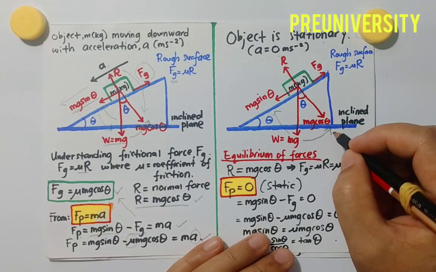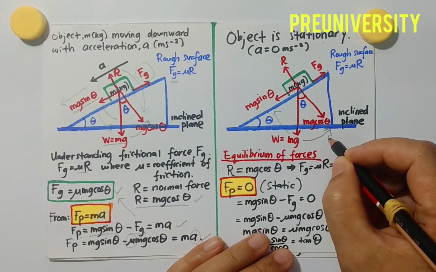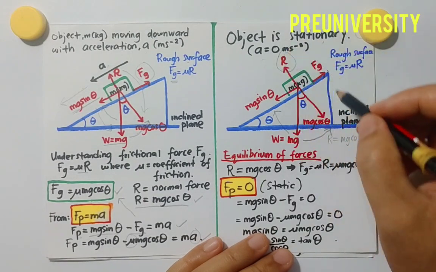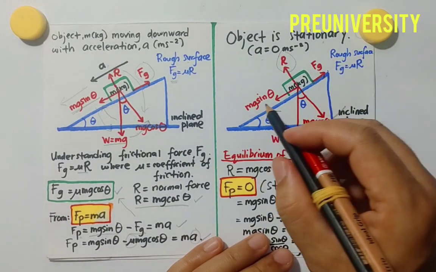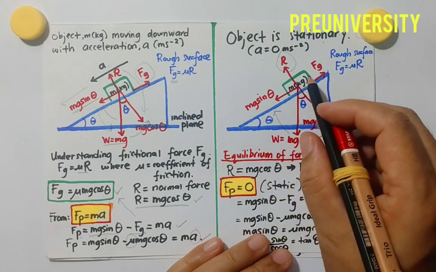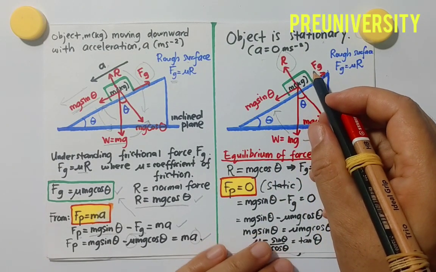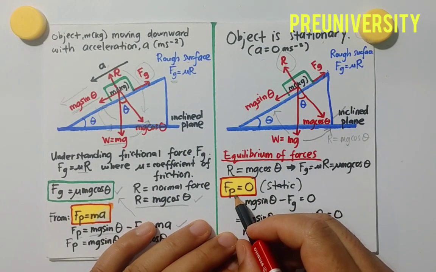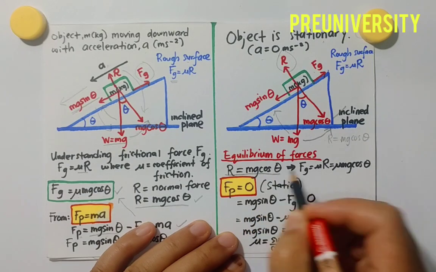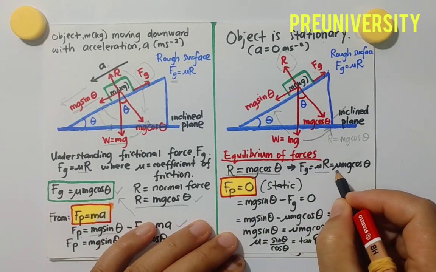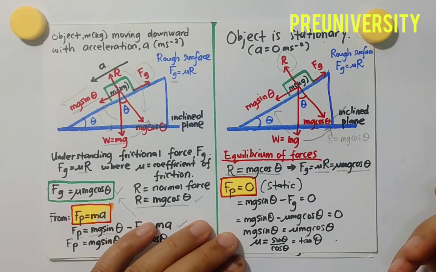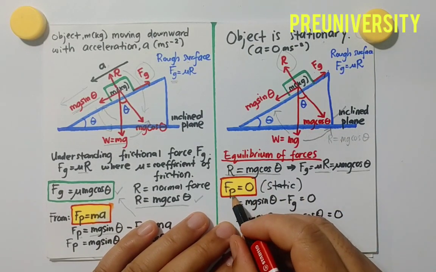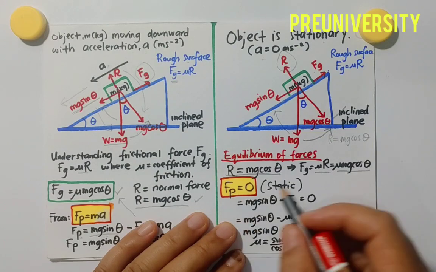Equilibrium of forces means the object is not moving, so R is balanced by the mg cos theta, and the mg sin theta is balanced by the frictional force. So we refer to here, R equals mg cos theta, mu R is the frictional force. Because the object is stationary, the resultant force is equal to 0.